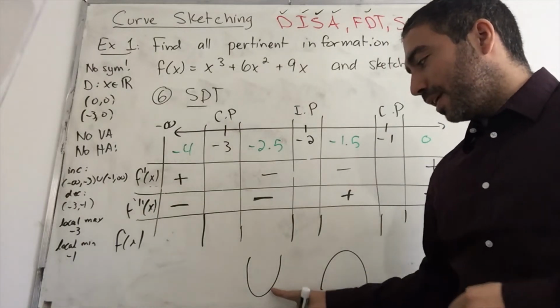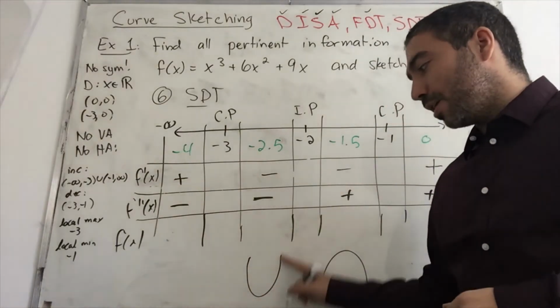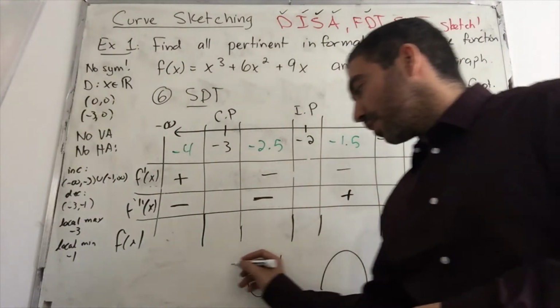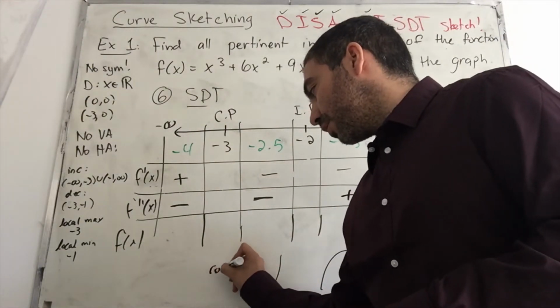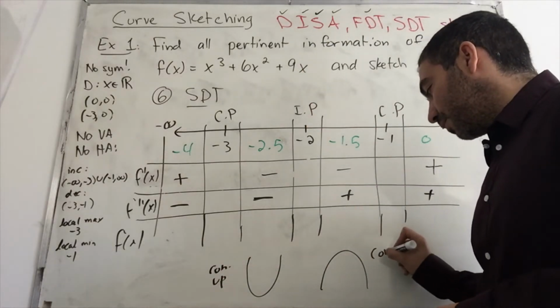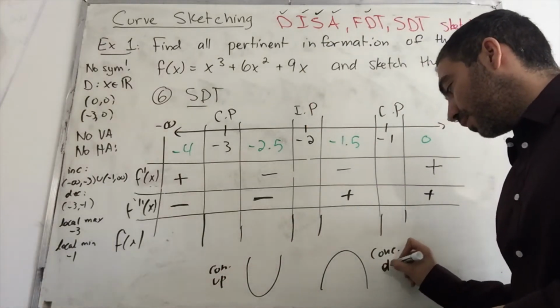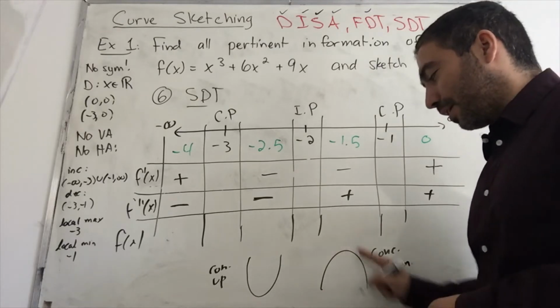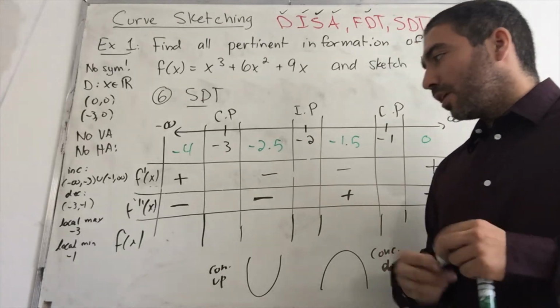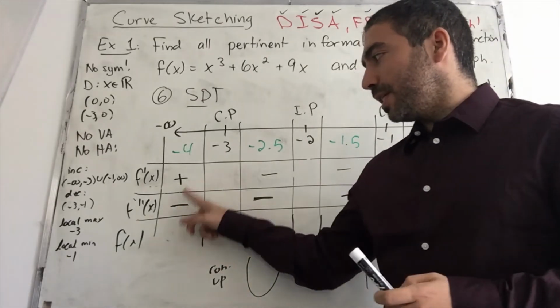Remember concavity: if it's concave up, it's smiling, it's a positive sign. If you're positive, you're smiling. This is concave up. This example here is concave down. So it's like a frown face, you're sad. If you're negative, you tend to be frowning. So here it's increasing and concave down.